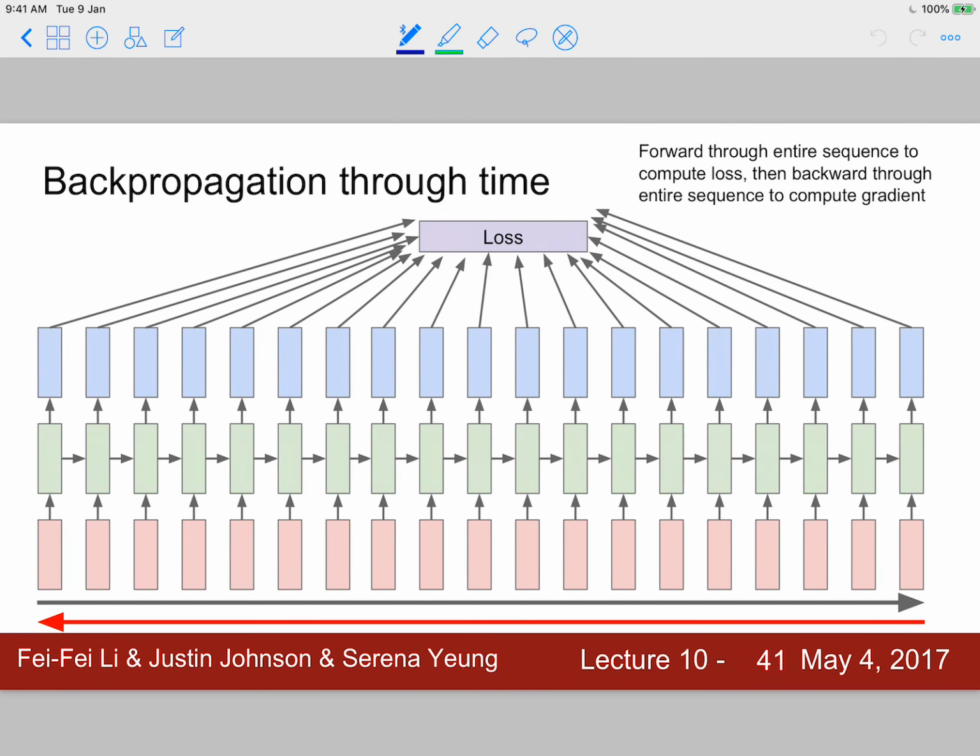Or if the absolute value of b is smaller than 1, the gradient will become smaller and smaller with this exponential growth or shrinkage.